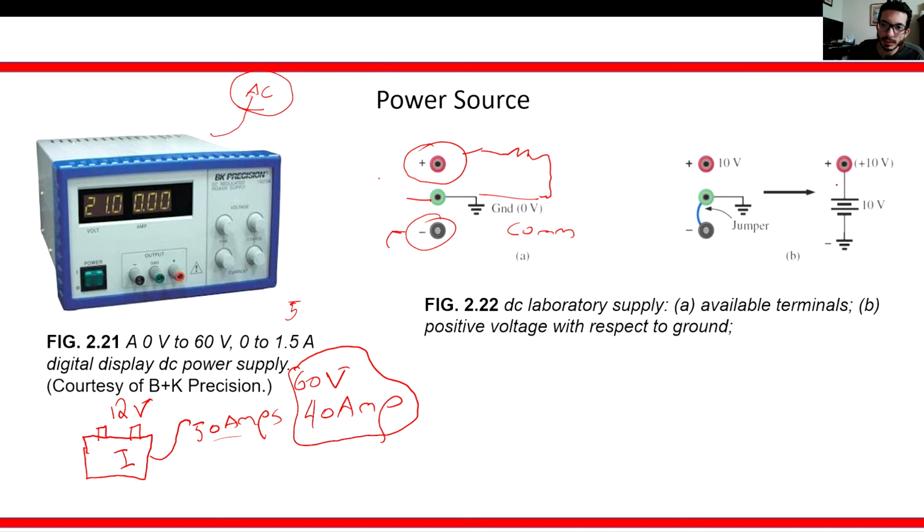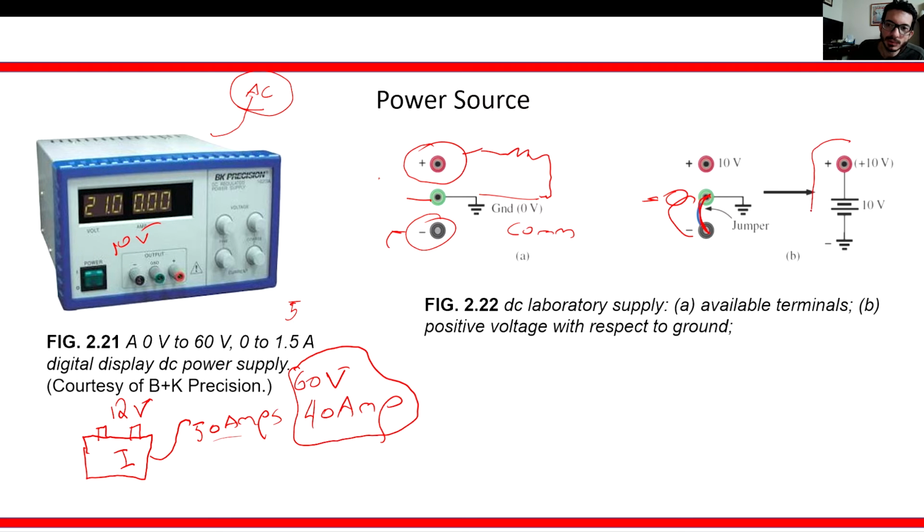And this is a good example right here. If you want 10 volts, positive 10 volts, what you do is typically create a jump between ground and negative, meaning that the negative point is going to be 0. So basically, you would have your potential starting from 0 and going back to, with the knob, you set up your 10 volts.